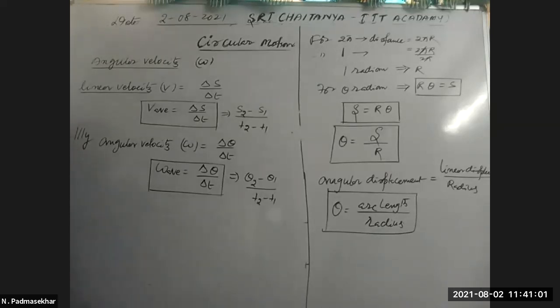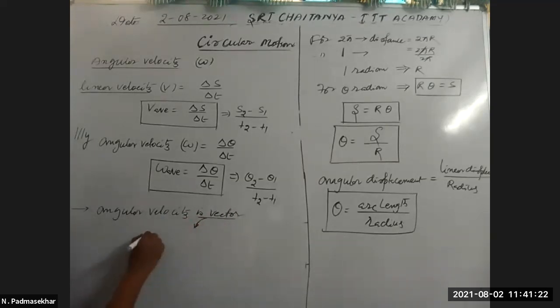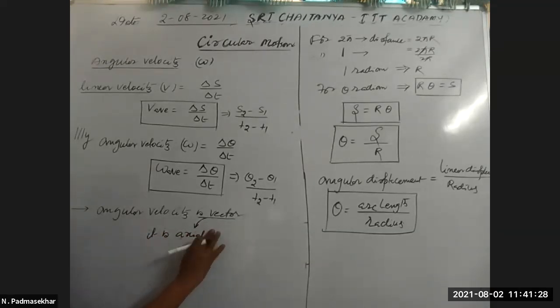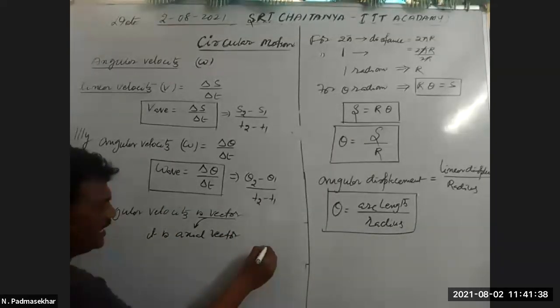See, angular velocity is a vector. It is an axial vector.